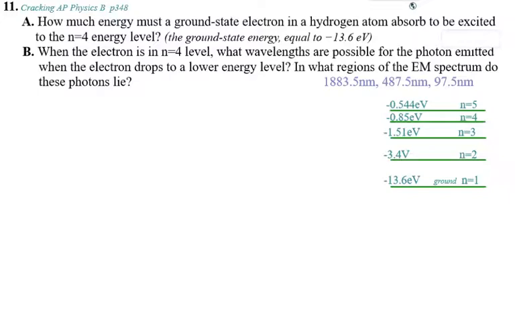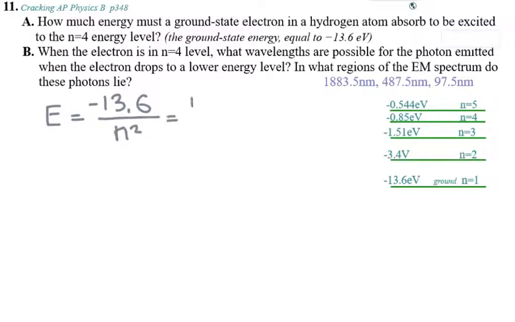So the formula for the hydrogen atom is energy is equal to 13.6 electron volts divided by n squared.